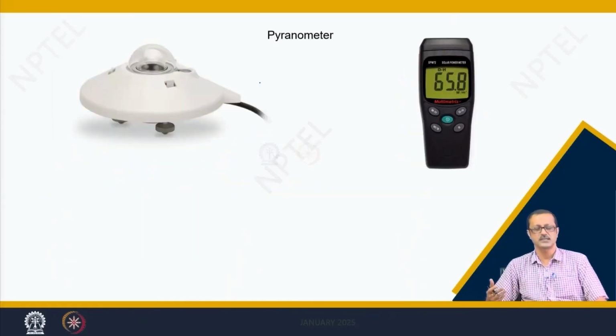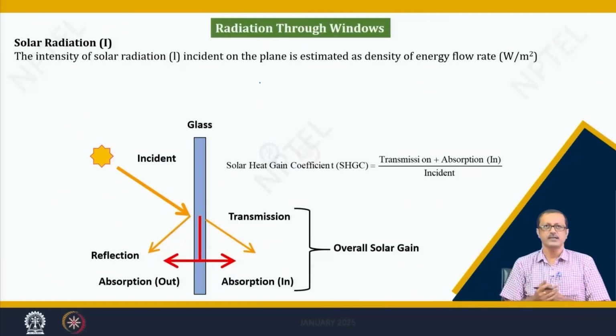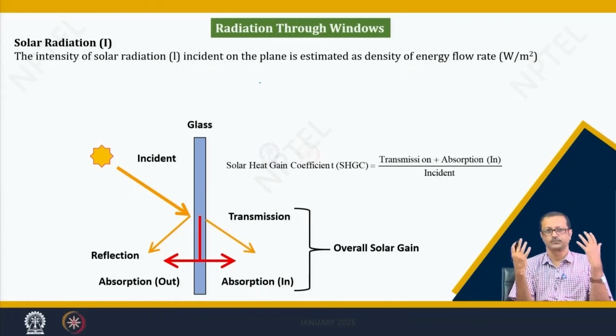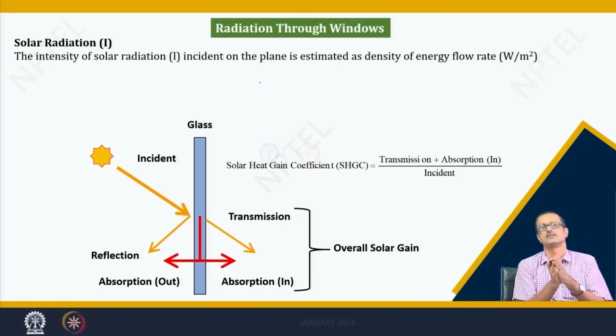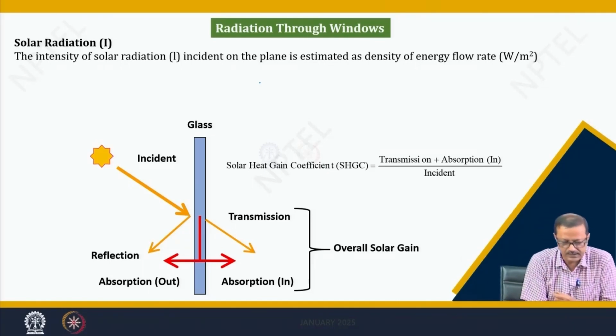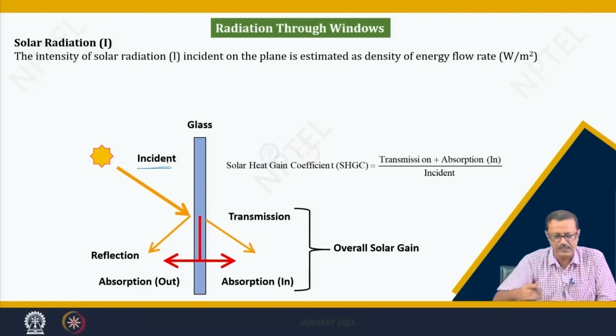The pyranometer is another instrument which is used to estimate this radiation. Nowadays a digital pyranometer is available. Now, when a particular glass or glazing, or any transmittance kind of transparent material, is exposed to solar radiation, there is some incident solar radiation on the glass.